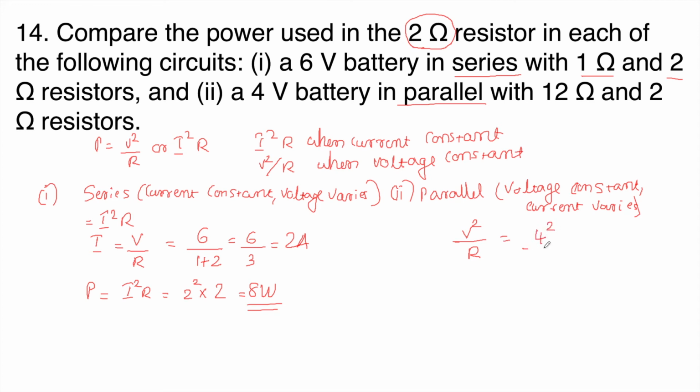Okay, 4 square by what is the R here? Through 2 ohm we should find. So by 2. 16 by 2, again it is 8 watt. So we can write like both case, okay, power same, it is 8 watt. Okay.